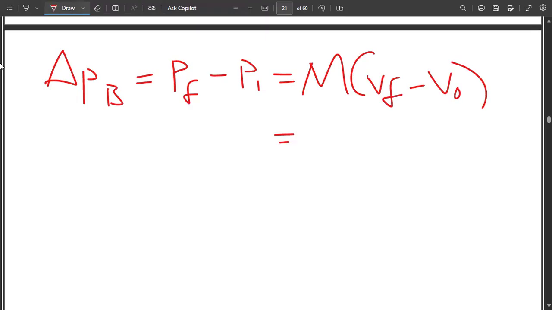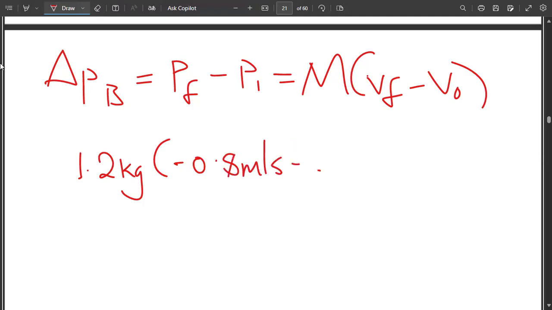The mass of B is 1.2 kilograms, multiplied by the final velocity, negative 0.8 meters per second, minus the initial velocity, 4.0 meters per second.